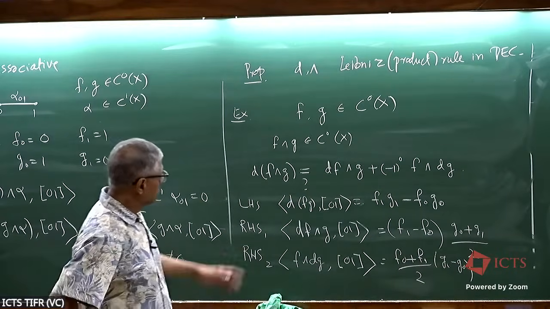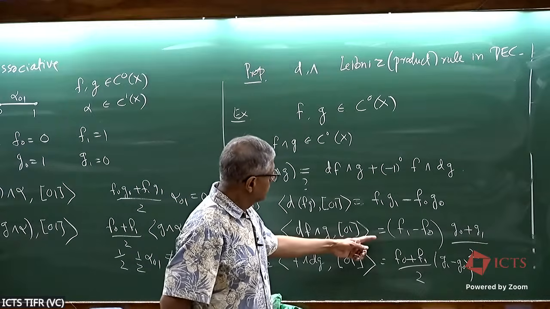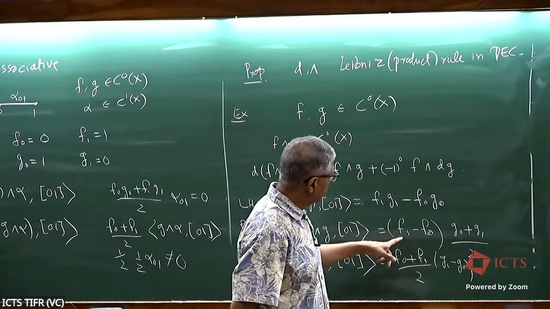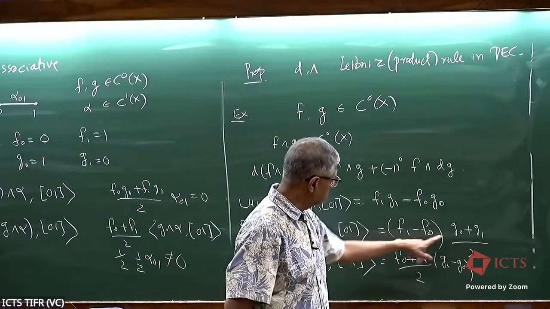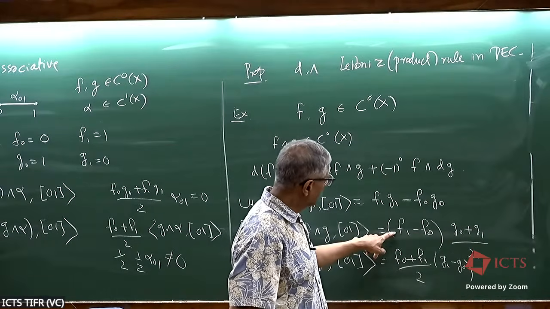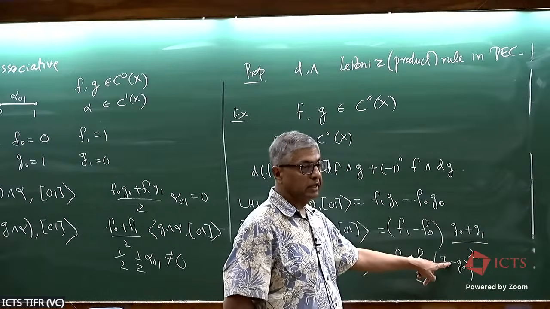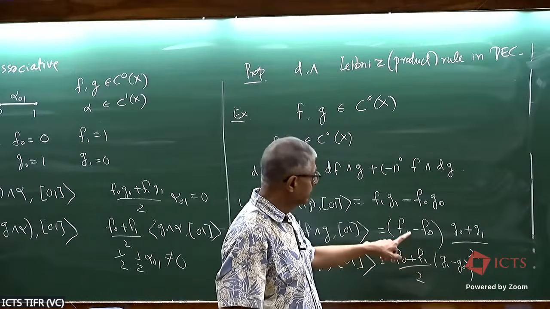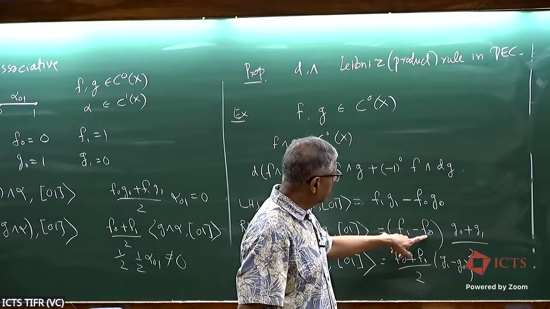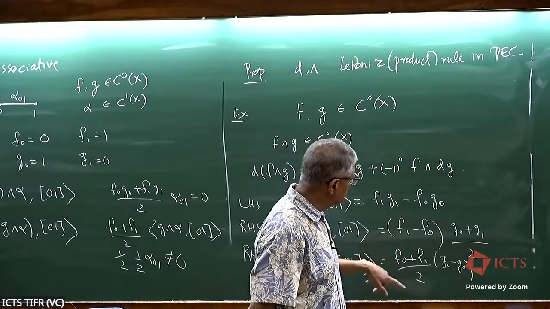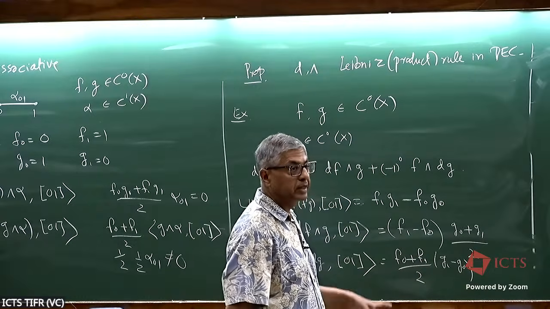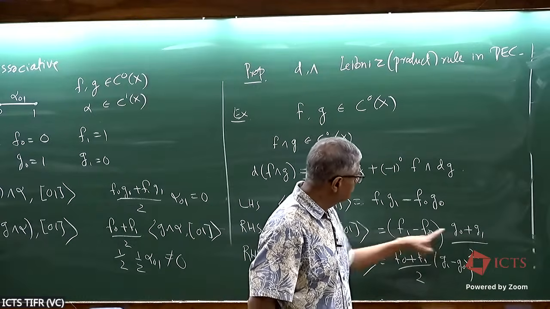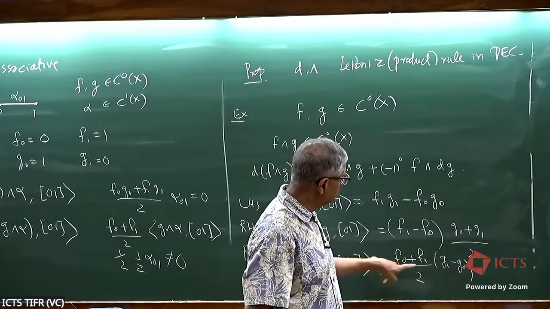So let's add these two and look. Let's look at the cross term. There's an f1 g0 here with a plus sign, and an f1 g0 with a minus sign, so those will cancel. There's an f0 g1 with a minus sign and an f0 g1 with a plus sign.